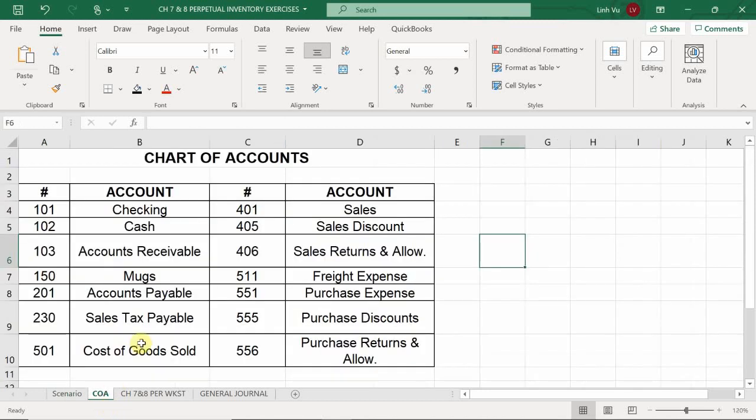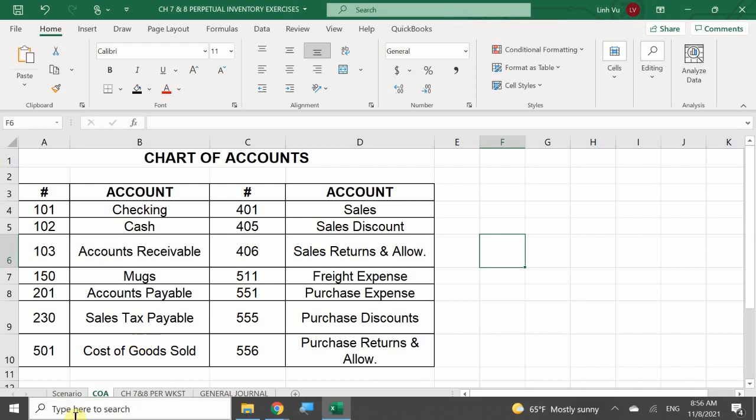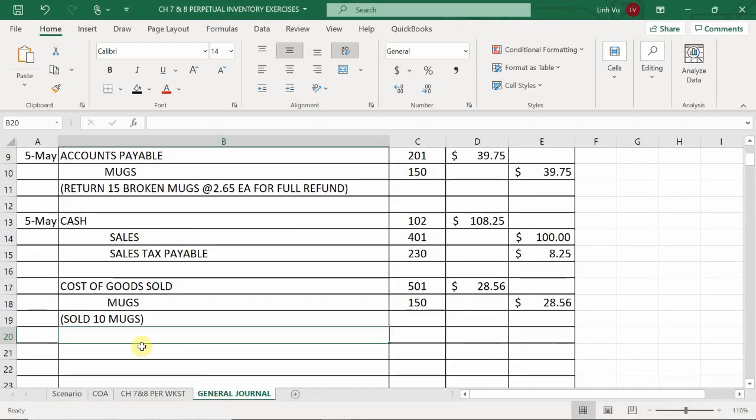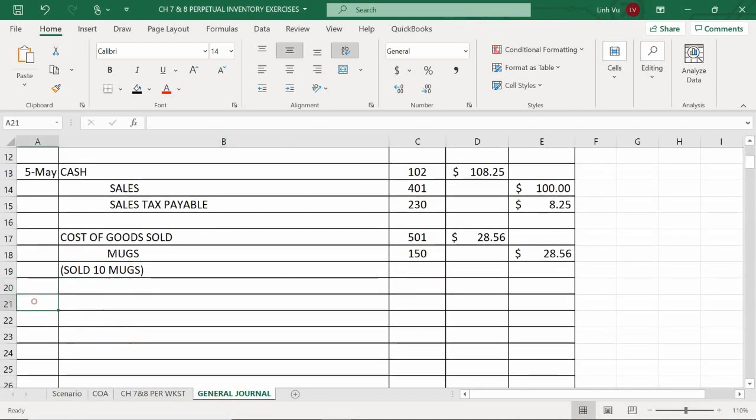Check out my chart of accounts. Said it was sales tax and cash? This was placed on an account. Accounts receivable? Accounts receivable. So 103, accounts receivable. So let's go ahead and make that.